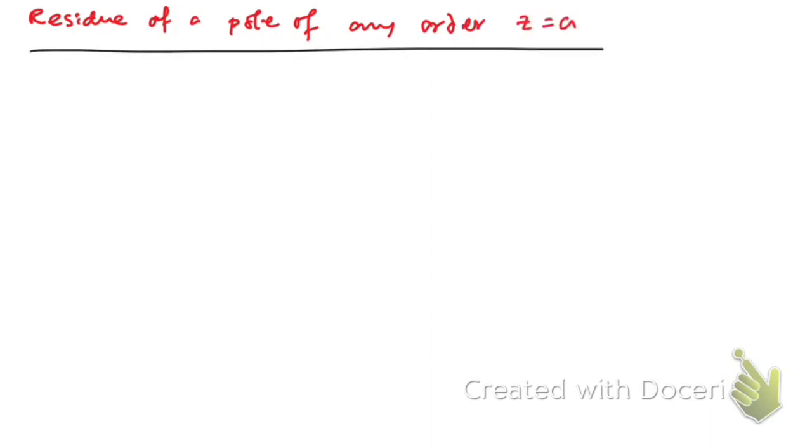So here you see, the residue at a pole of any order. It may be a simple pole, second order, third order, fourth order, and so on. So at any pole, what rule are we going to follow?